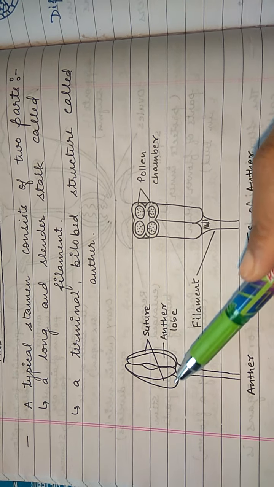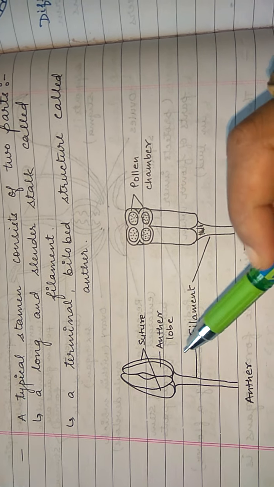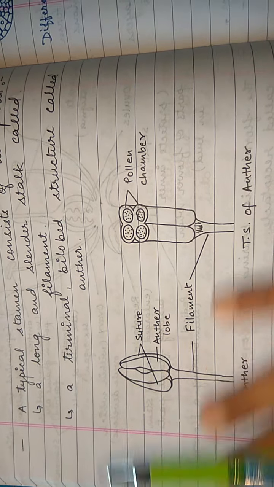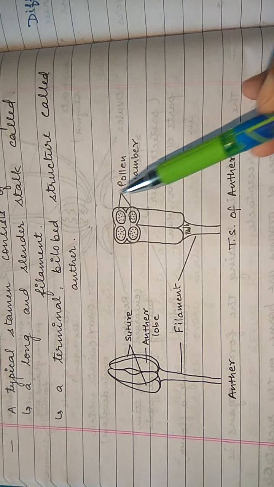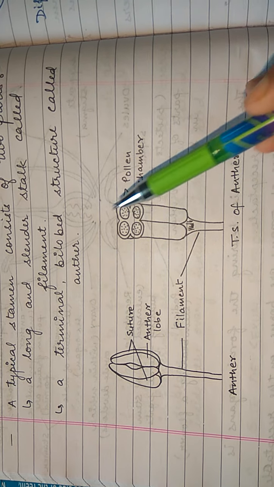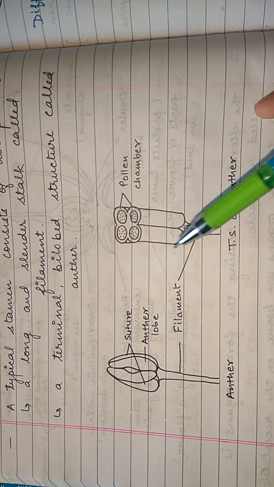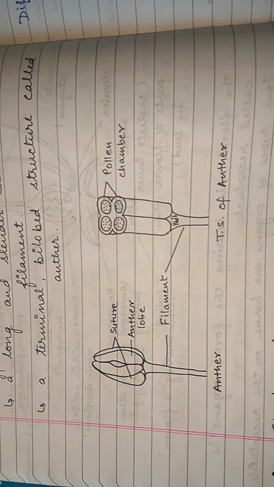And the terminal bilobed structure, bi means two, called the anther. If we cut the TS, meaning transverse section, of the anther, we will get this type of structure. These are the lobes, and inside these are the pollen chambers where pollen is present.